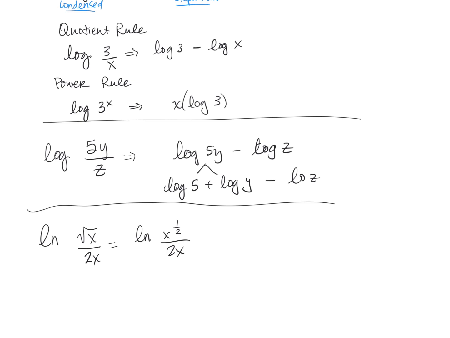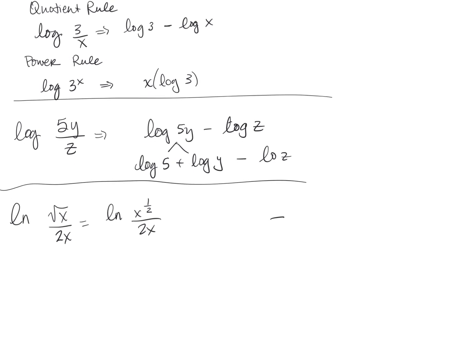Minus? Can you be more specific? Yeah, a natural log of x to the 1/2 minus. The 1/2 can move in the front because of the power rule. Then what? Split this guy.